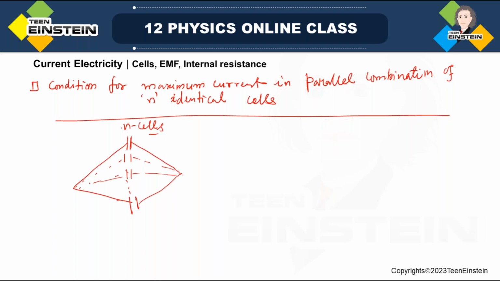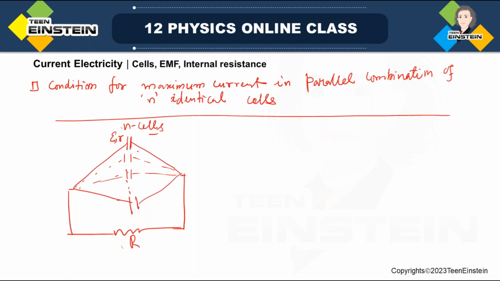I have to find out the expression for the current. Suppose this is the external resistance. Each of them has internal resistance r and EMF E, identical.